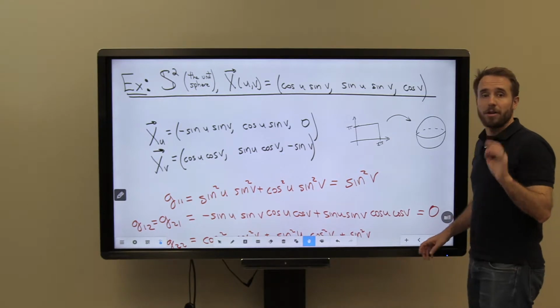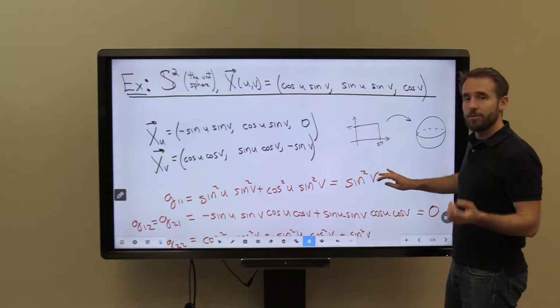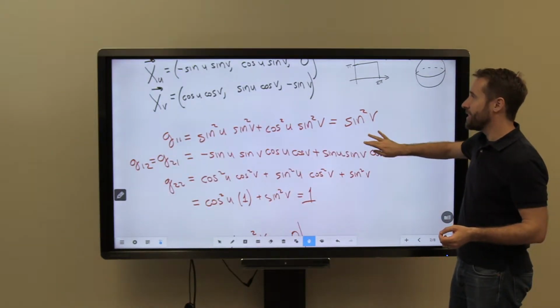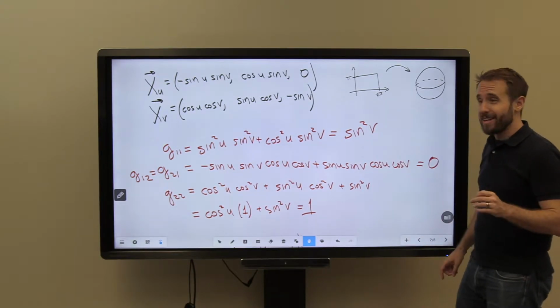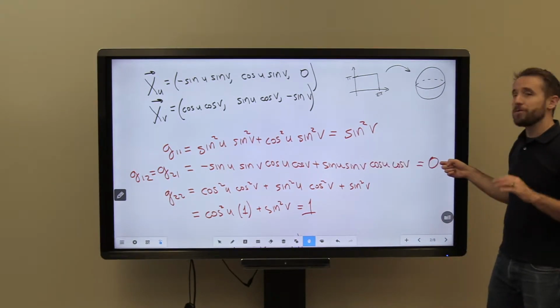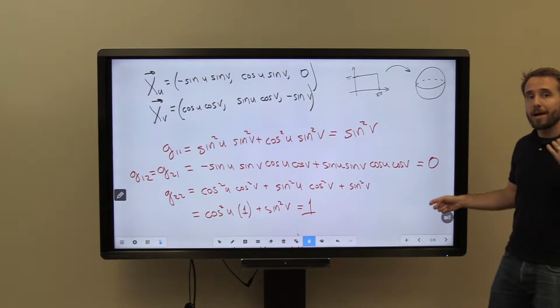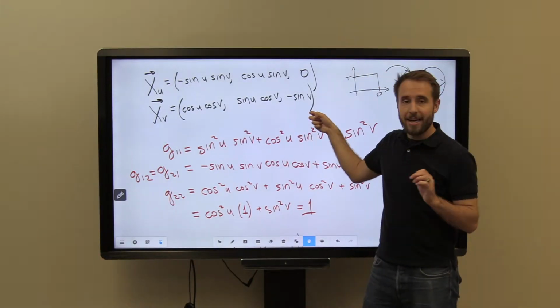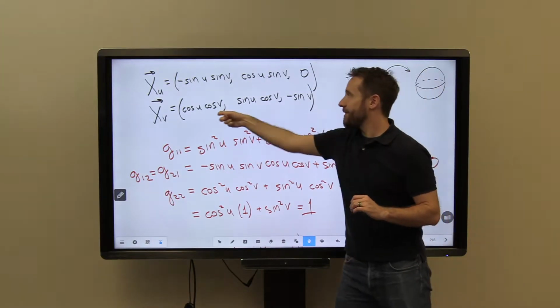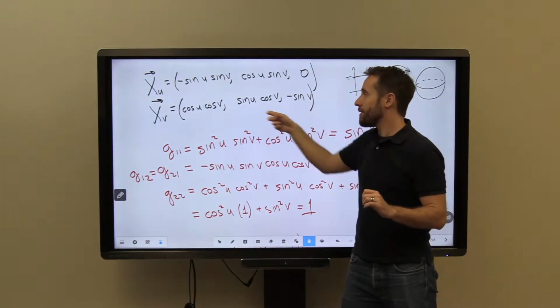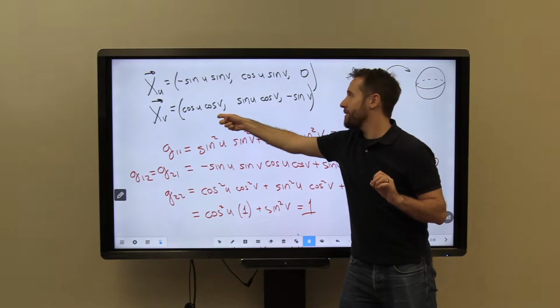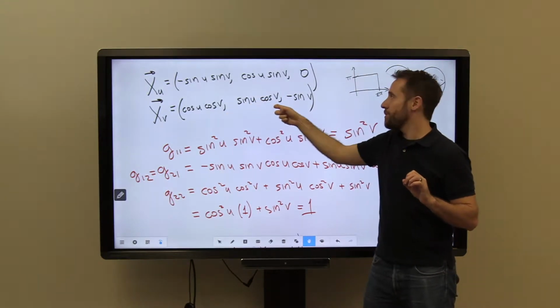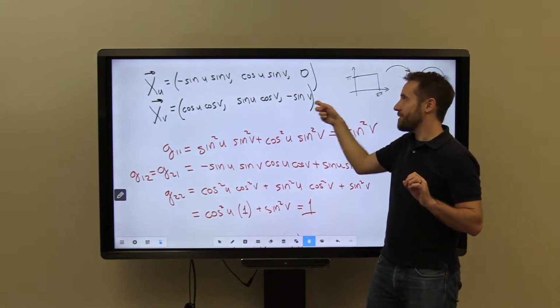Now, our off-diagonal entries, G12 and G21, can be computed similarly. In this case, we actually get some great cancellation. Everything cancels out, and those entries are going to be 0. And then for our G22 entry, that's going to be x sub v dotted with x sub v. We're just going to take this vector dotted with itself, and we will get cosine squared u cosine squared v plus sine squared u cosine squared v plus sine squared v.